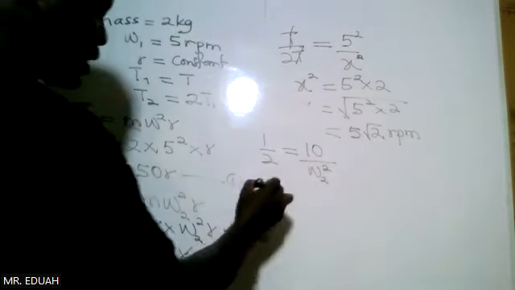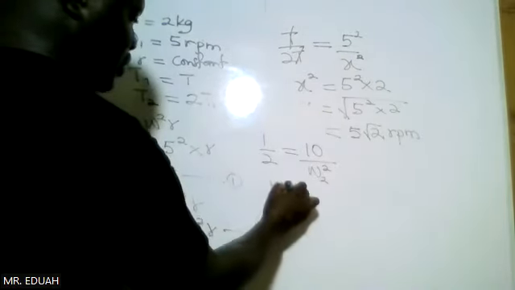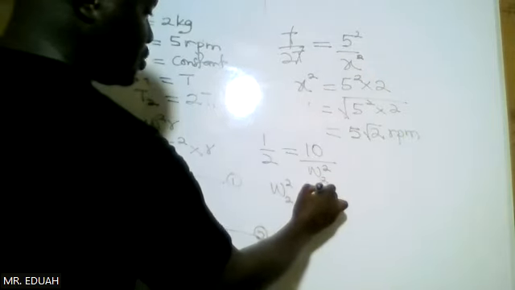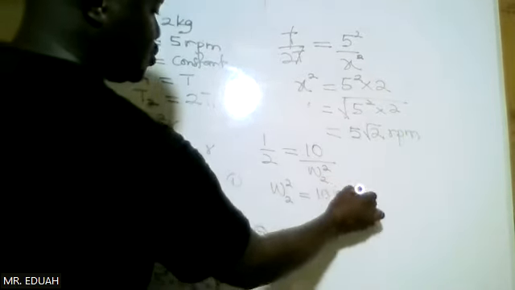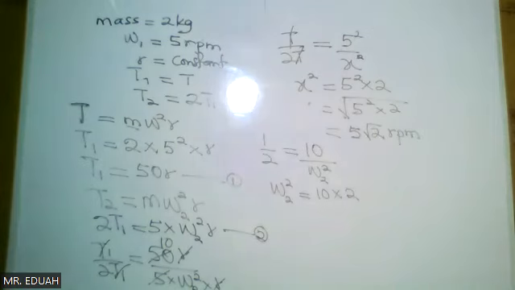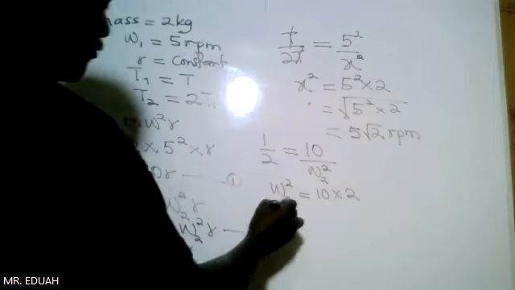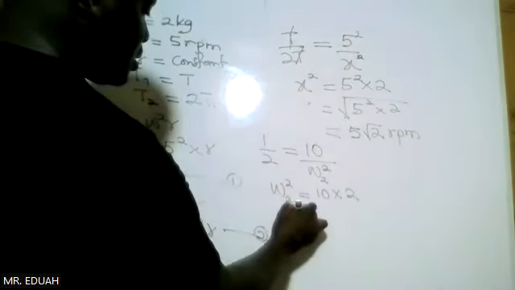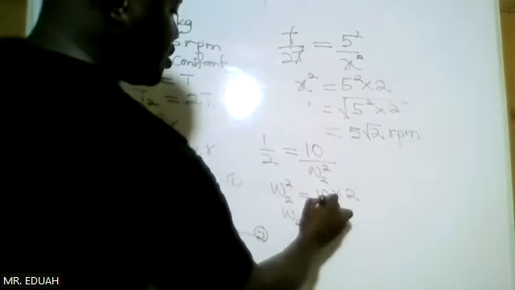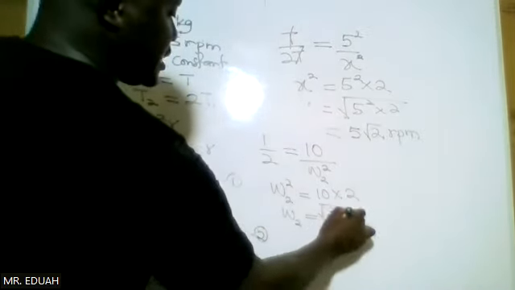We are looking for omega 2. So omega 2 squared will be equal to 10 by 2, which is 20. Therefore, omega 2 will be equal to square root of 20.